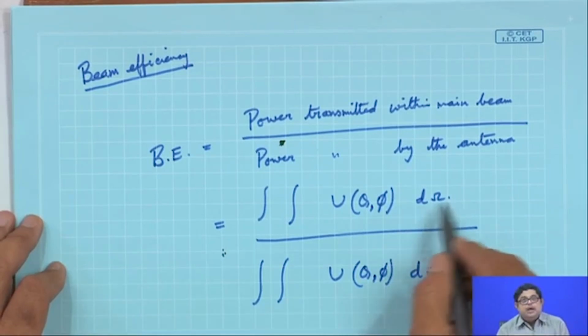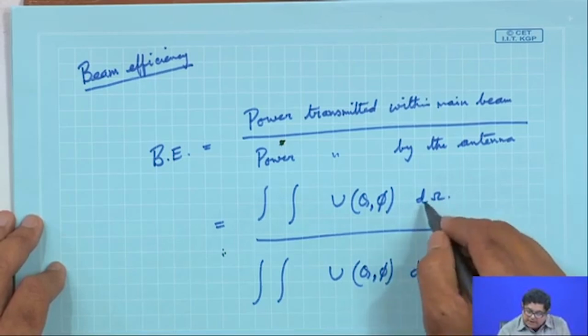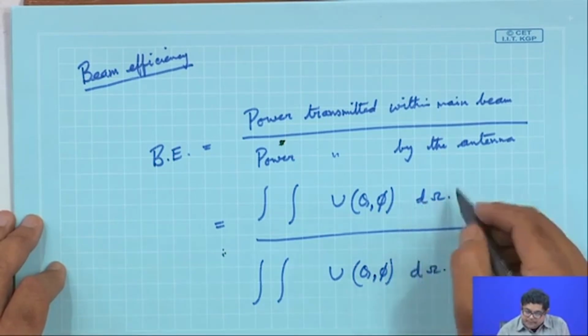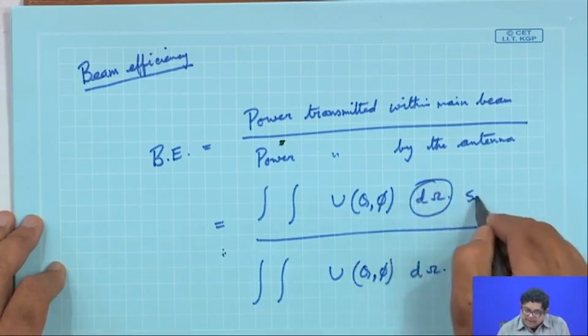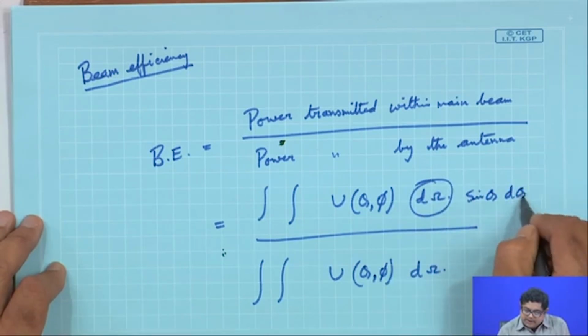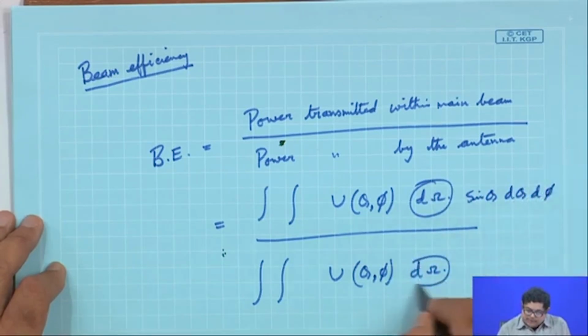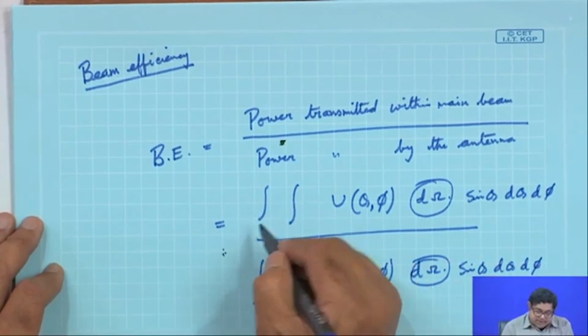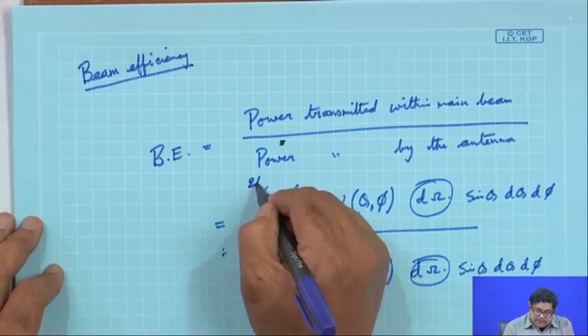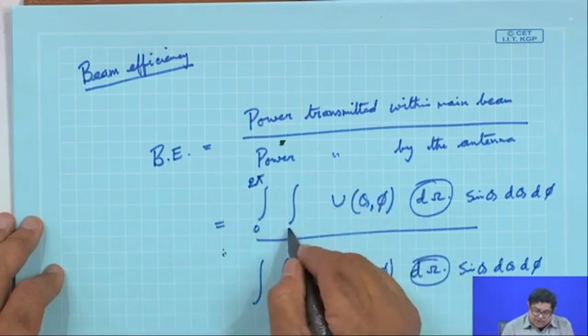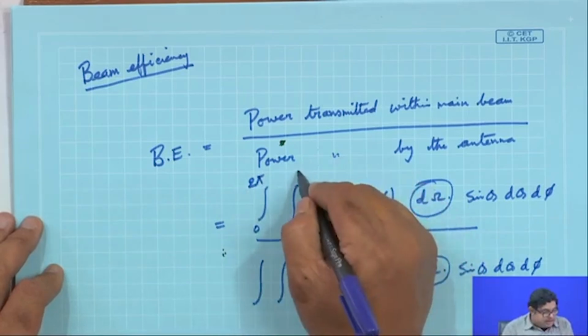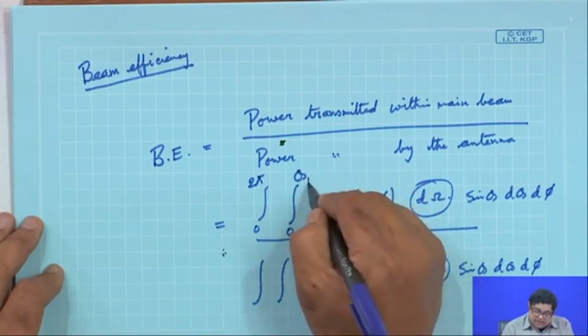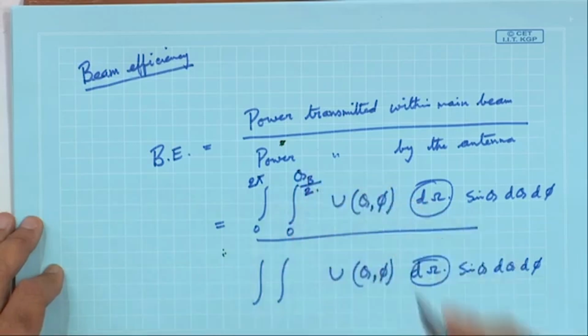Now, what we have already seen is, what is d omega? d omega is nothing but sin theta d theta d phi. So, I can put that sin theta d theta d phi. Now, what is the main beam? You see, phi from 0 to 2 pi I can do, and here I can very easily do theta up to the beam width by 2.